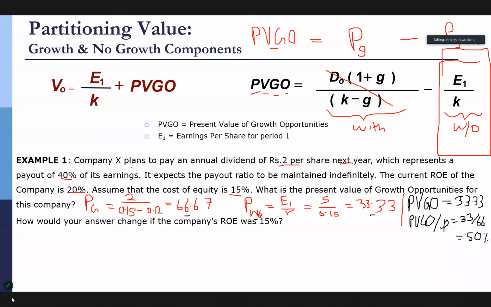Okay. Try the next part. Leave the dividends at 2 rupees, right? The only thing that changes is ROE.